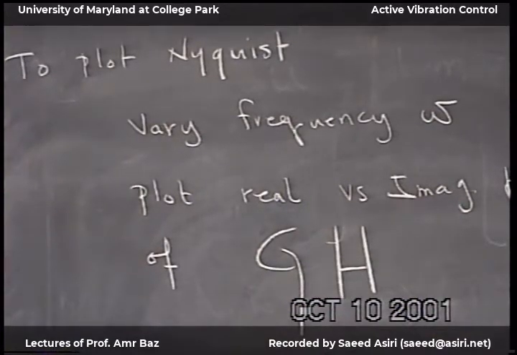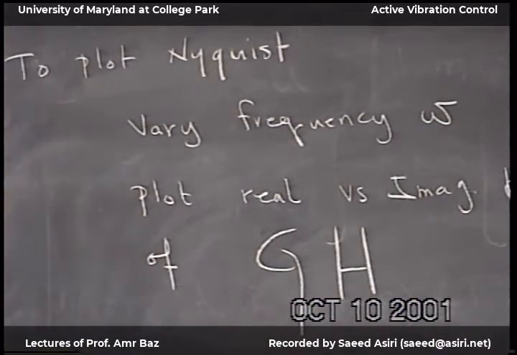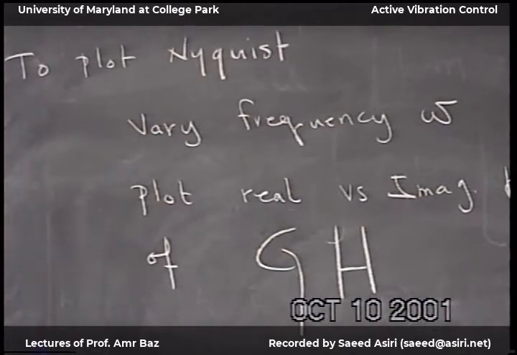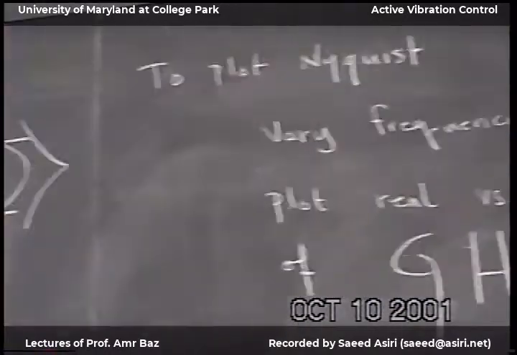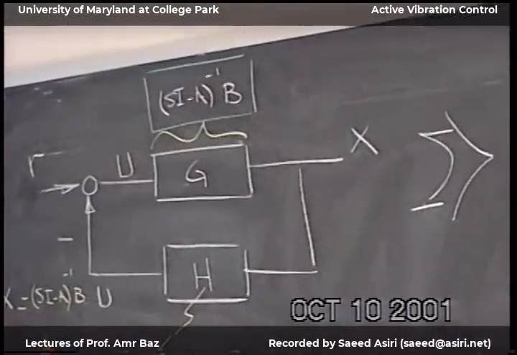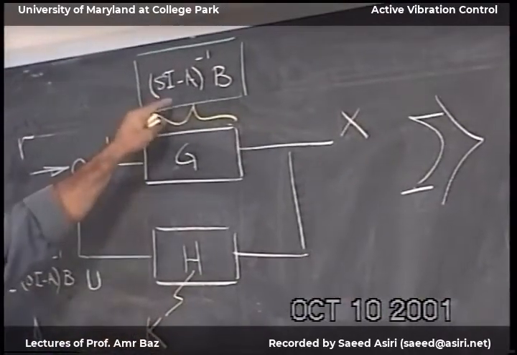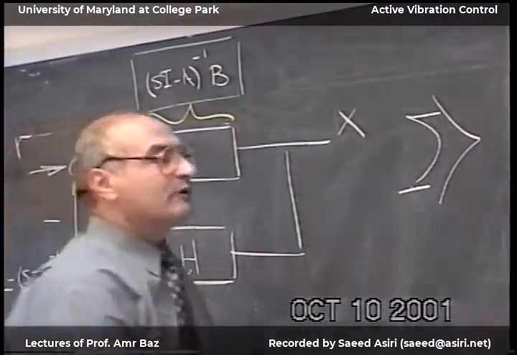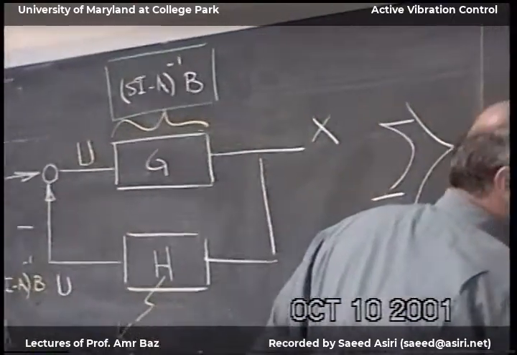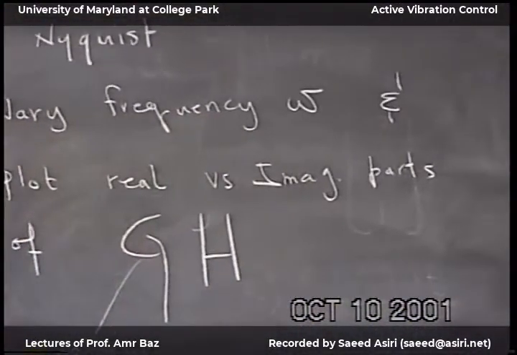Okay. Now, in our problem, we said now just get the G, because the H is a constant that we multiply by it. The H is a constant. So get this G. So now to get this G, this is my numerator and denominator.